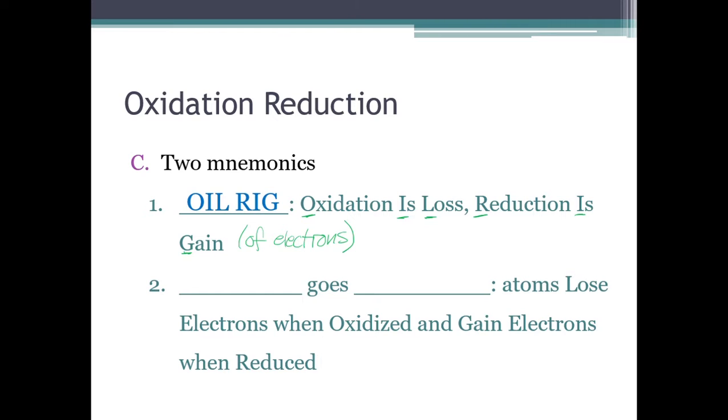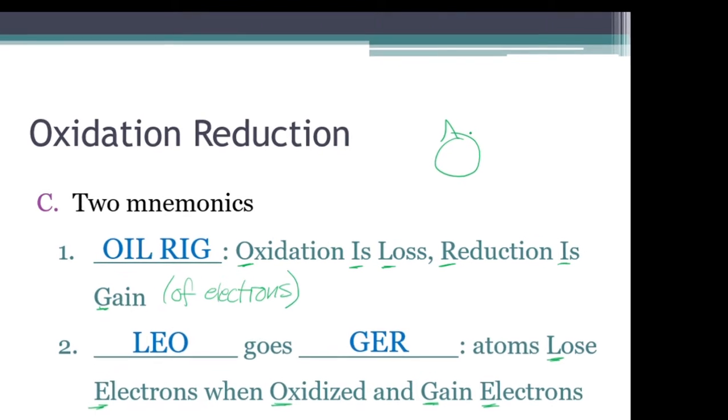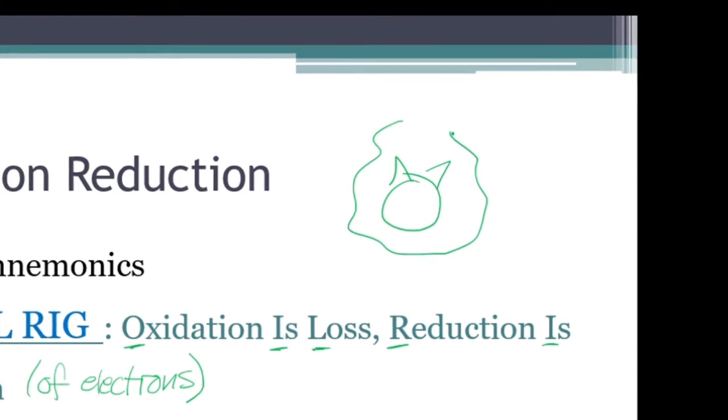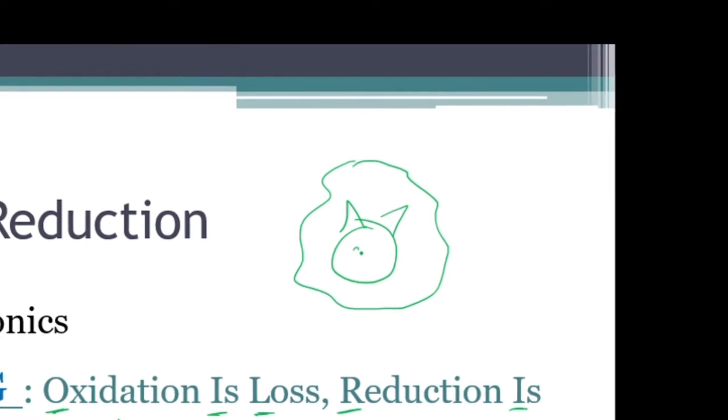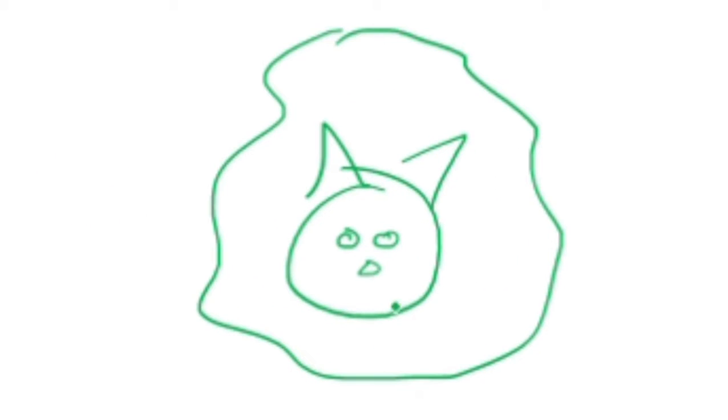OIL RIG. The other version is LEO goes GER. And that means that atoms lose electrons when oxidized and gain electrons when reduced. So you can imagine a lion. The little kitty nose.